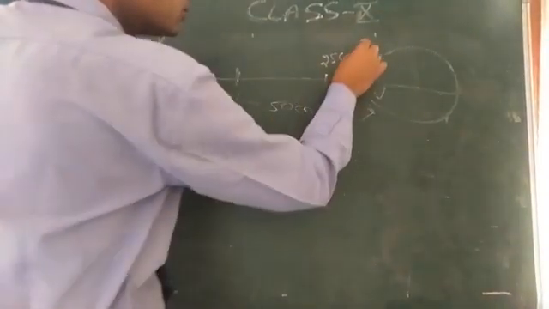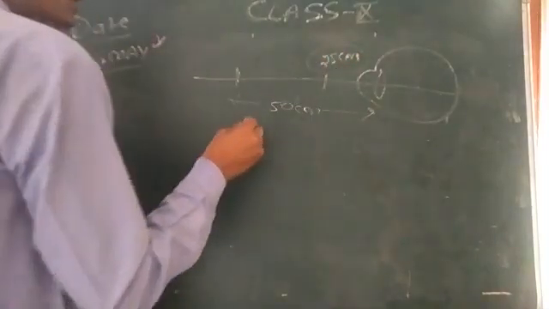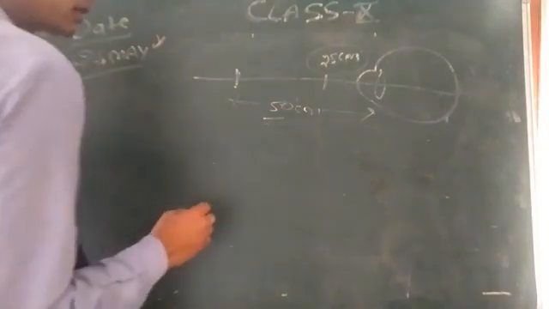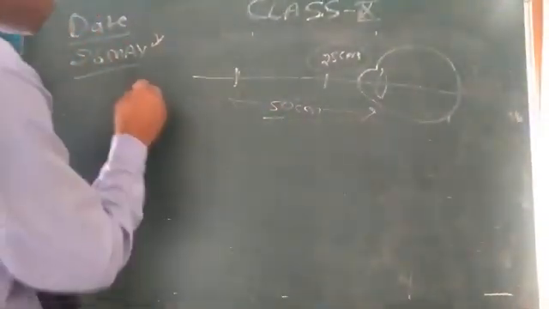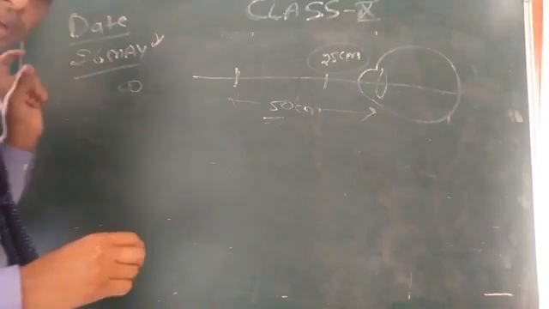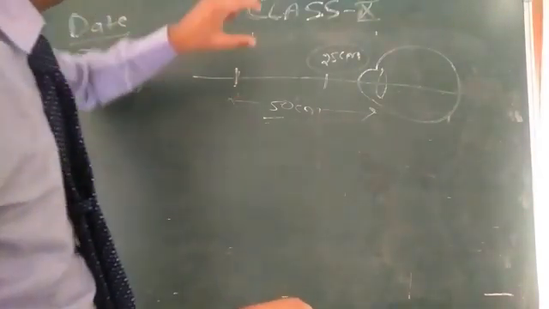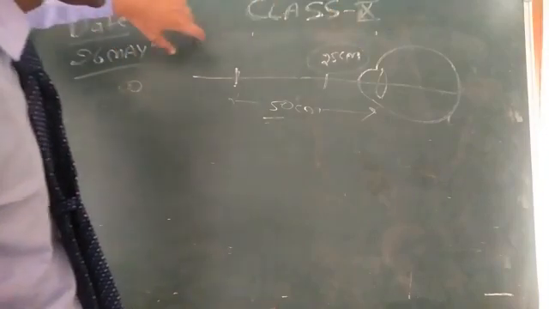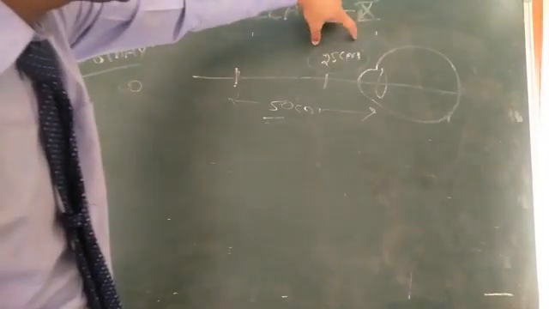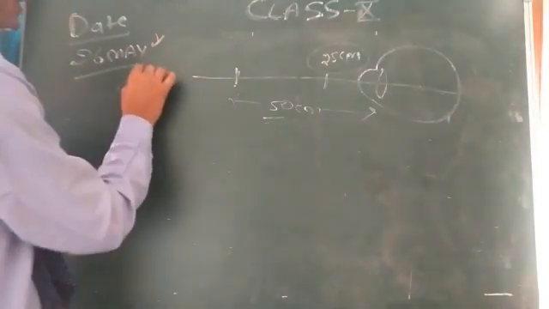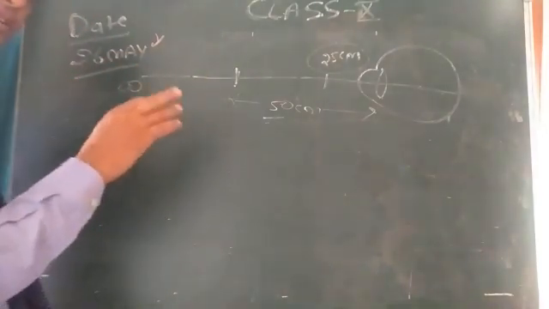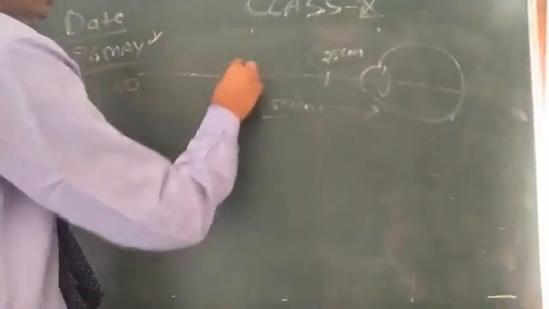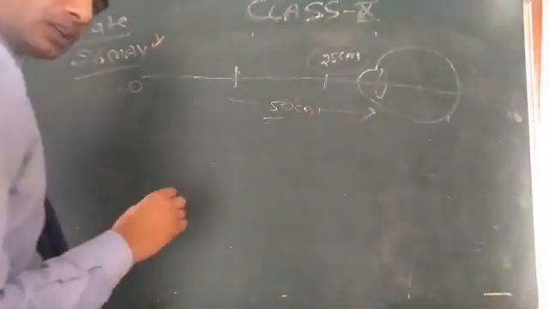So due to the defect, the man can see till 50 centimeter, not to infinity. A normal eye can see from 25 to infinity. The least distance is 25 and the far distance is infinity. But due to this defect, this eye can see only up to 50 centimeter.